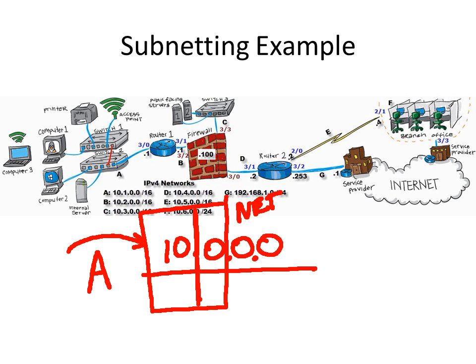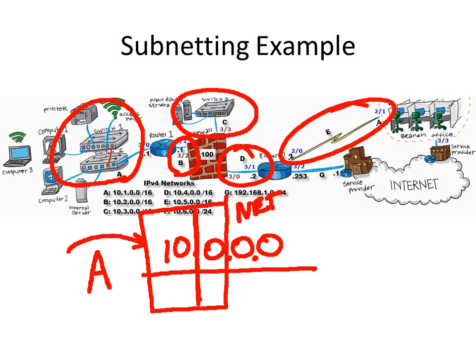For example, here we have network A, which is the 10.1 subnet, network B, which is the 10.2 subnet, network C, which is the 10.3 subnet, and the 10.4 subnet, and the 10.5 subnet. That's the beauty of taking a parent IP address space and carving it up to create additional, smaller, logical networks that we can use in our infrastructure.